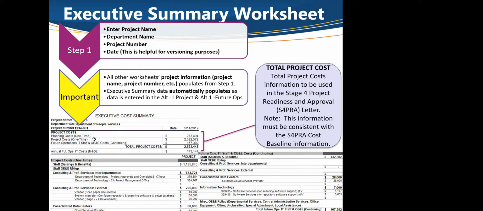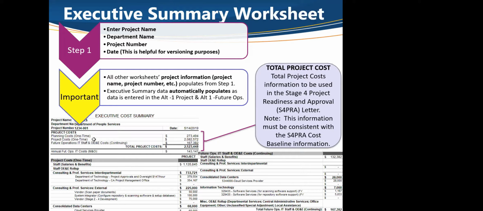This section here, the staff salaries and benefits, that's the total salaries and staff benefits. So we know that for this project, because this includes anyone that's involved, program or IT, the project cost for the one time does include everyone.